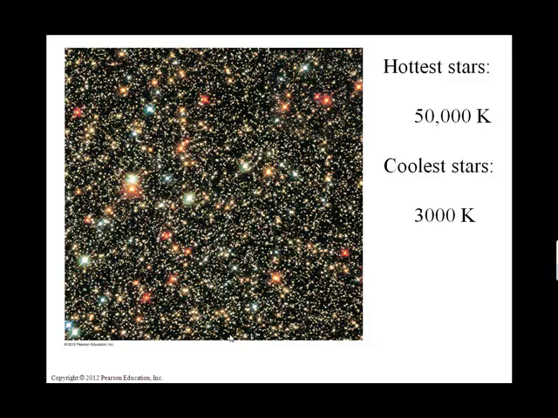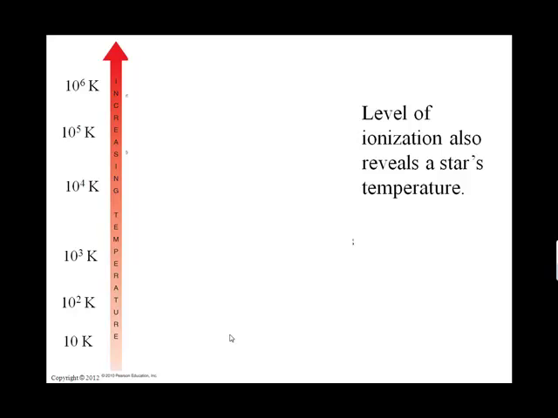And the coolest stars are about 3,000 Kelvin. Just to put that in perspective, remember our sun's photosphere is about 5,800 Kelvin.